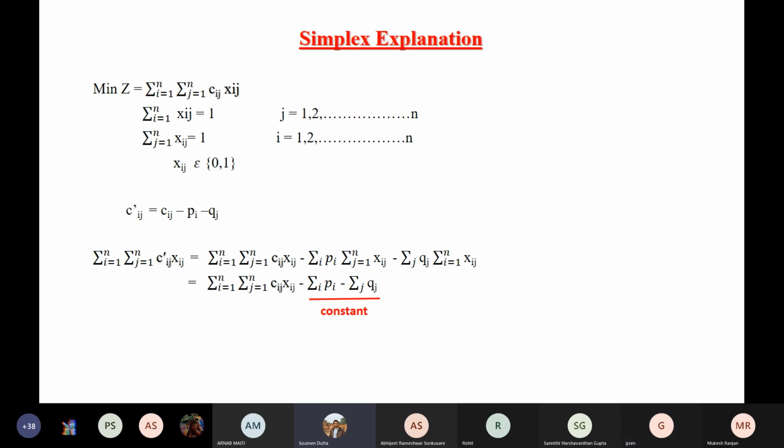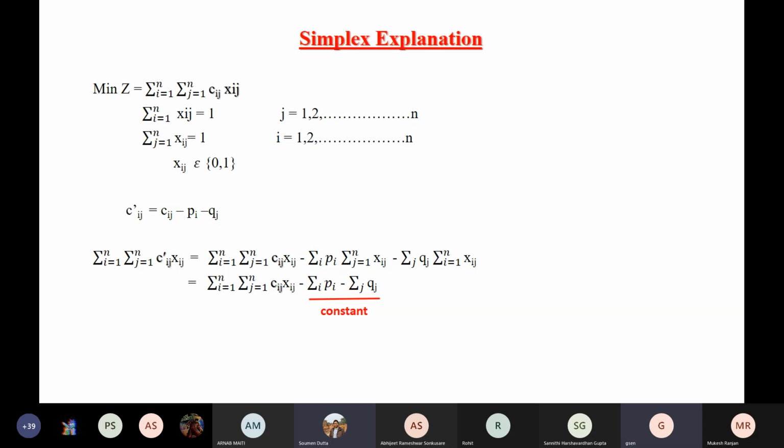In the expression at the bottom of this slide, you can see we are calculating the cost function for the updated table, and we find that since the summations over j equal to 1 to n of xij and over i equal to 1 to n of xij are both 1 because of the constraint, both have to be 1. So the value is the original cost minus a constant value. So the optimal assignment will not change.